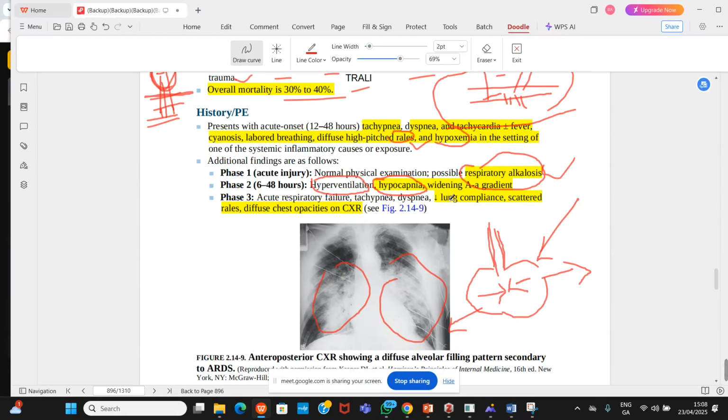So respiratory alkalosis. Then in the second phase, they keep hyperventilating, which is going to cause hypocapnia, of course. And of course, the A-a gradient is going to be wide. The A-a gradient is not going to be normal because this is not what? Hyperventilation, and this is not what? Breathing at high altitude. So we don't even need to cram it. Let's just assume whenever the cause is not hyperventilation or breathing at high altitude, the A-a gradient is going to be wide.